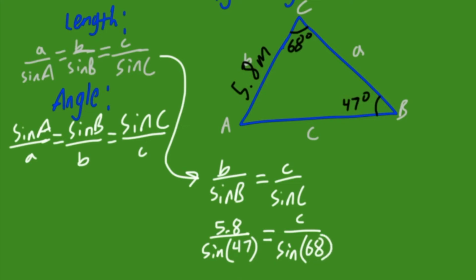Now we can simply rearrange to find little c, giving us this side length.